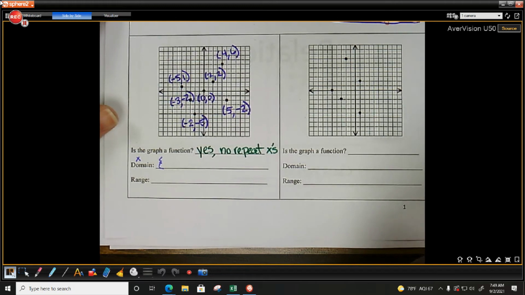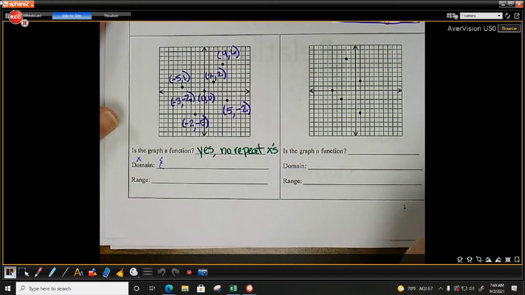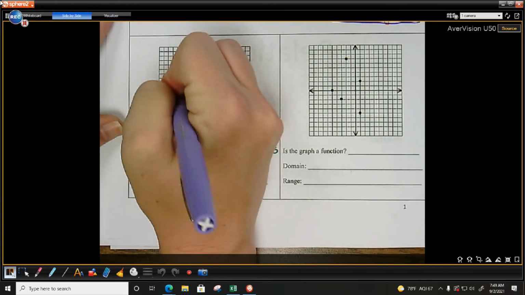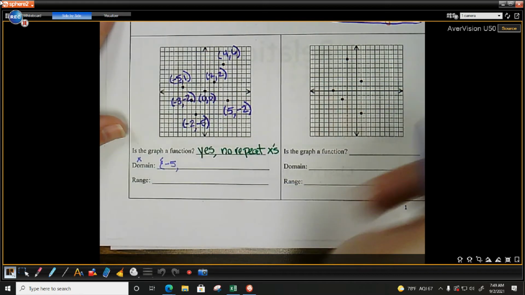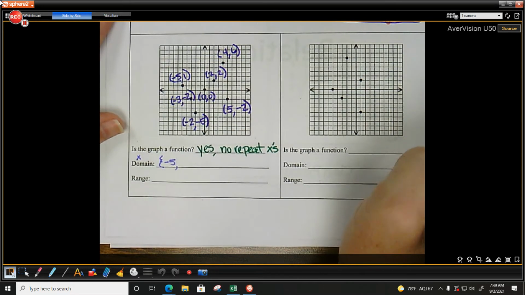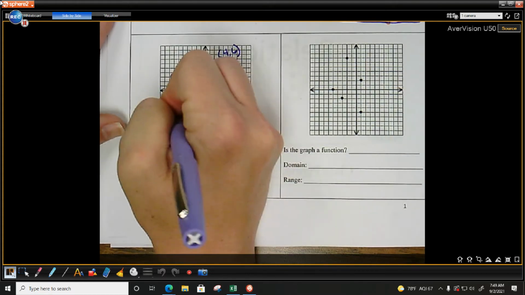So we're going to look at our x values. What's my smallest x value? Negative 5. I'm underlining them as I go to know that I already wrote that x value out. What's my next smallest x value? Negative 3.